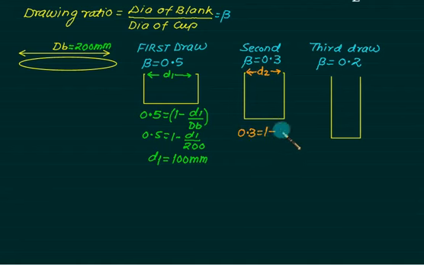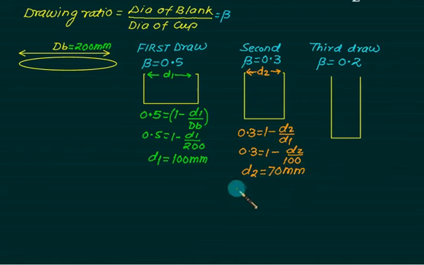So this time the reduction is 0.3: 1 minus D2 by D1 equals 0.3. D2 we don't know, D1 is 100. So what do you get? D2 equals 70.